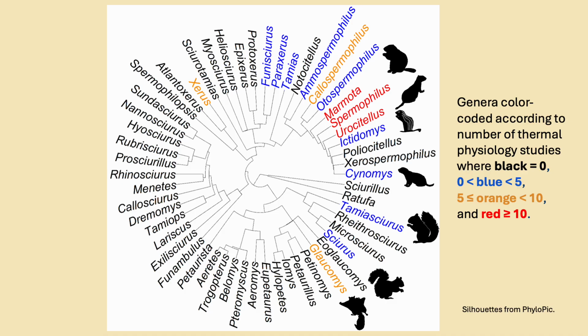Likewise, there's also quite an absence of information about the phylogenetic diversity of squirrels and a bias towards the marmotine squirrels, or what we might know as marmots and ground squirrels, chipmunks, prairie dogs, and the like, as well as a couple studies on North American tree squirrels, flying squirrels, and just a handful of African ground squirrels.